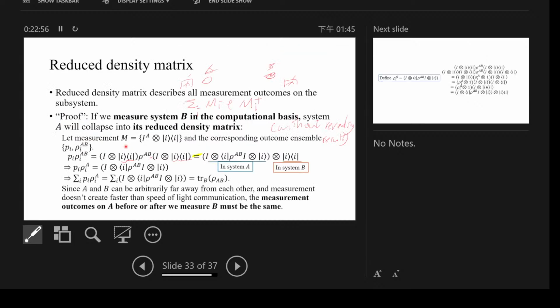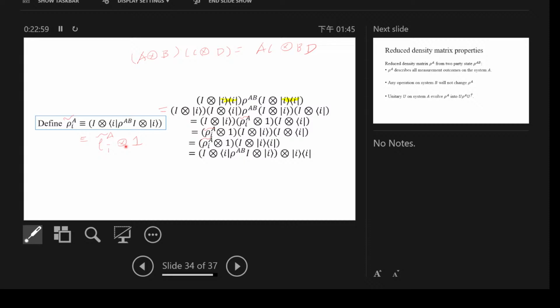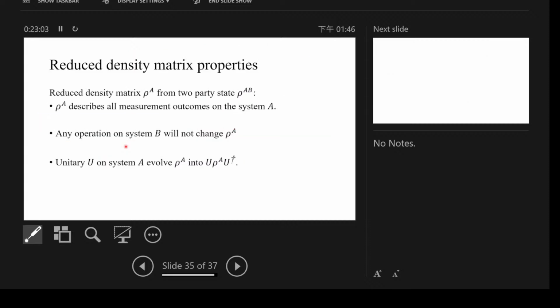Okay, and that's almost finished all we want to talk about reduced density matrix. I guess the reduced density matrix should really have these three properties. So if we have a two-party system, two-party state row AB, and then we think about it has some reduced density matrix row A, it should have these three properties.